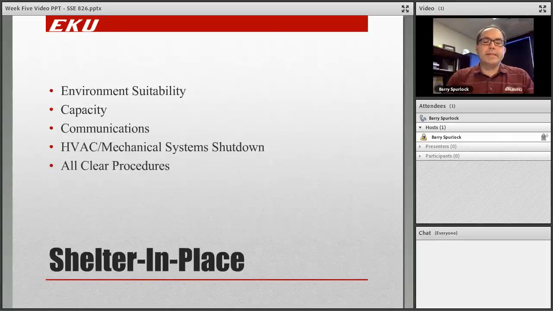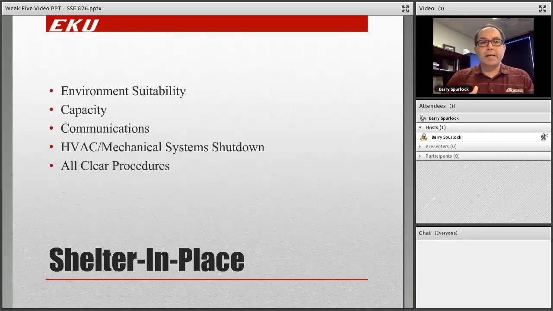Shelter in place. Again, we need to make sure the environment where we're sheltering is safe and suitable for the particular emergency. We don't want to shelter in place on an exterior wall that's full of glass. We want to make sure that it's suitable for the particular shelter in place purpose.